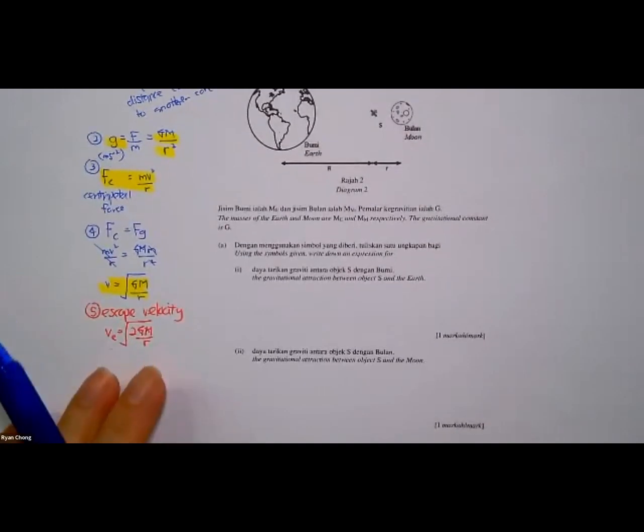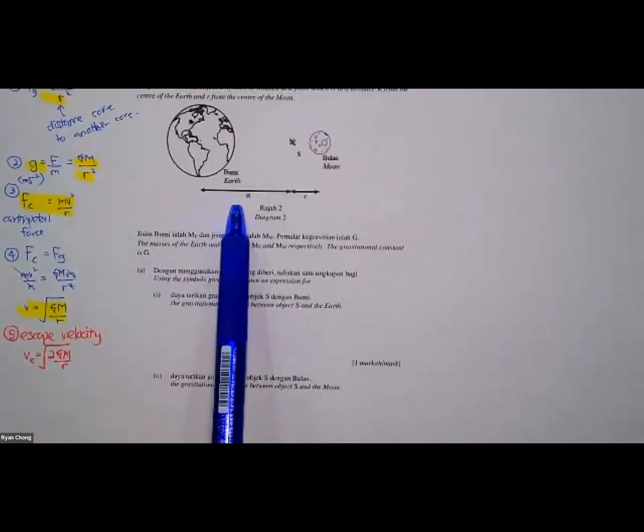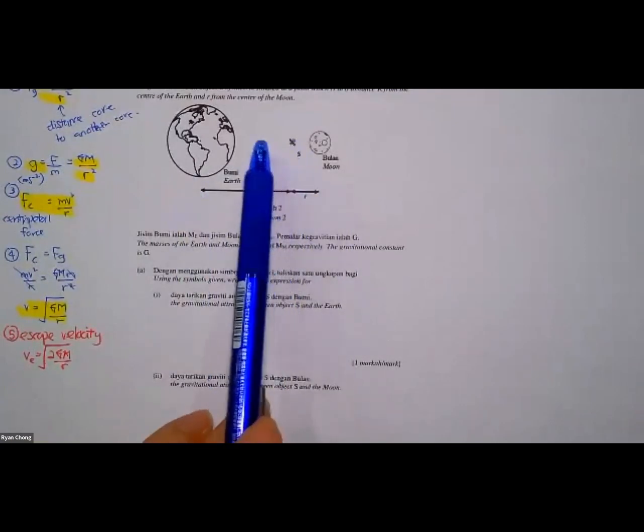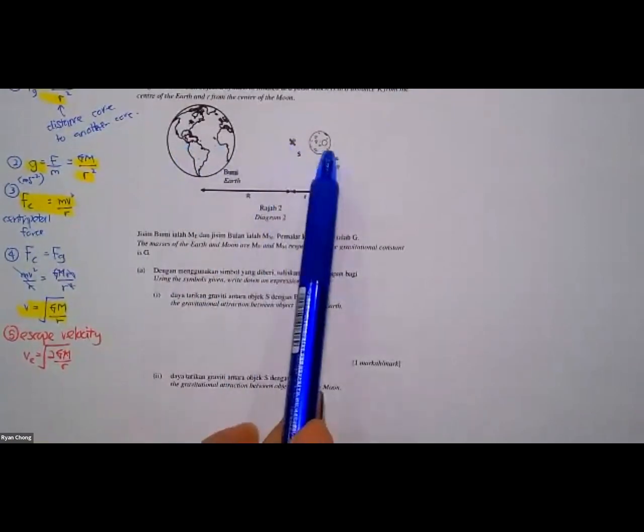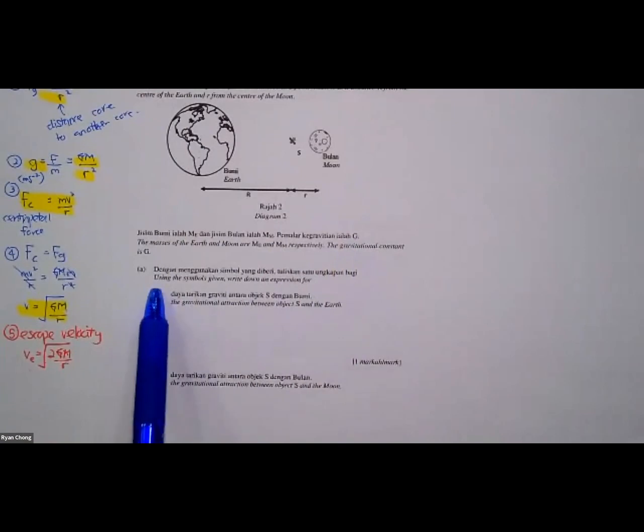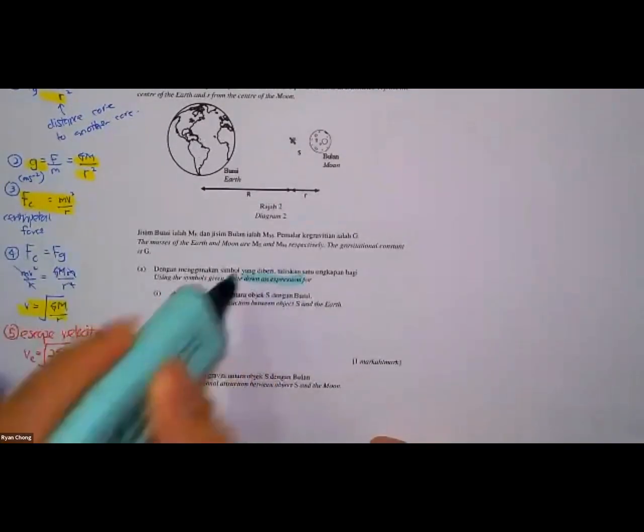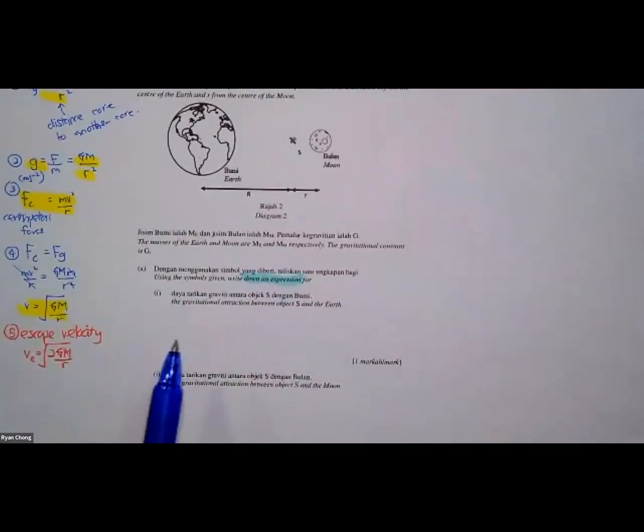So next one, let's get back to the questions. Diagram 2 shows the object S and M, where the distance between S and the Earth is capital R, and the distance from the satellite to the moon is small r. If the mass of the Earth is ME, the mass of the moon is MM, and the gravitational constant is G, write the expression. They only ask for the expression, so you write the symbols only. You don't need to calculate anything.